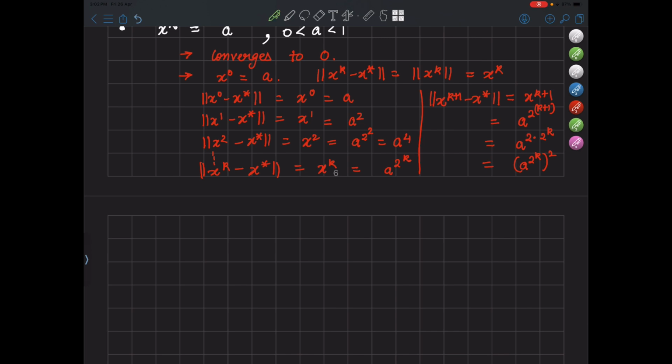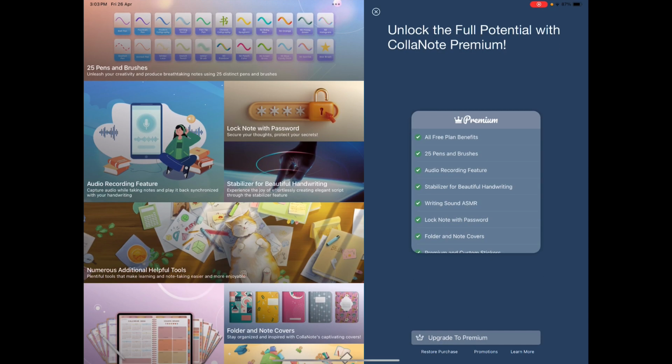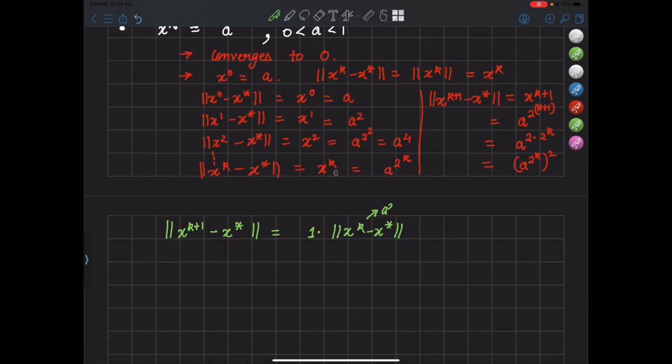Here you can see that xk plus 1 minus x star is equal to 1 times (xk minus x star) whole squared, which is equal to (a^(2^k)) squared.